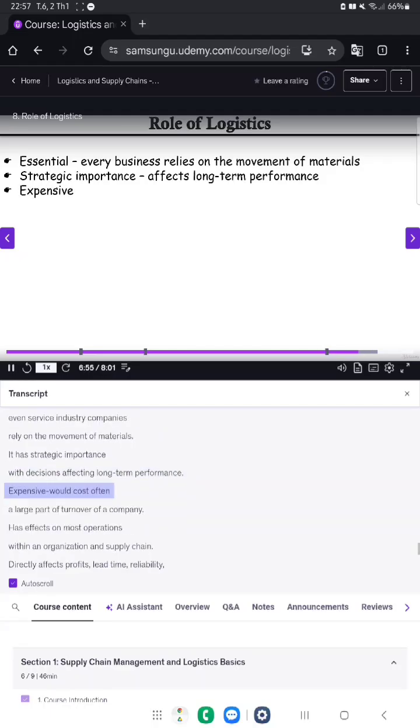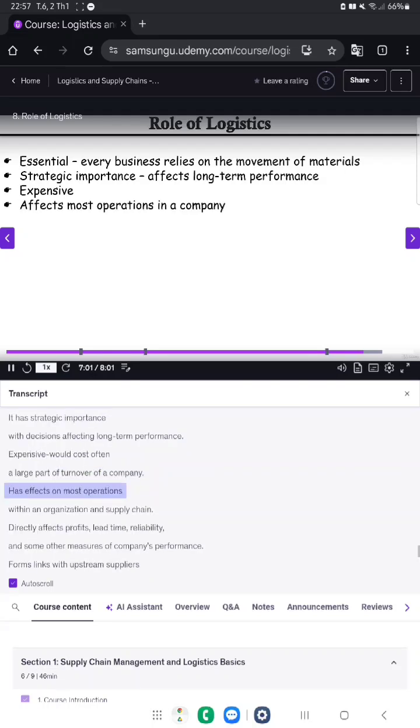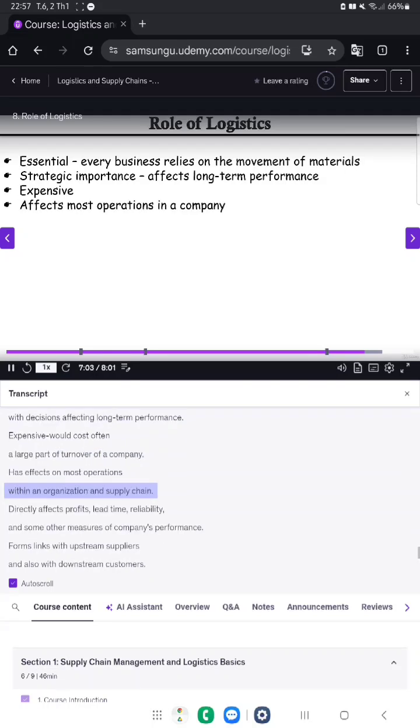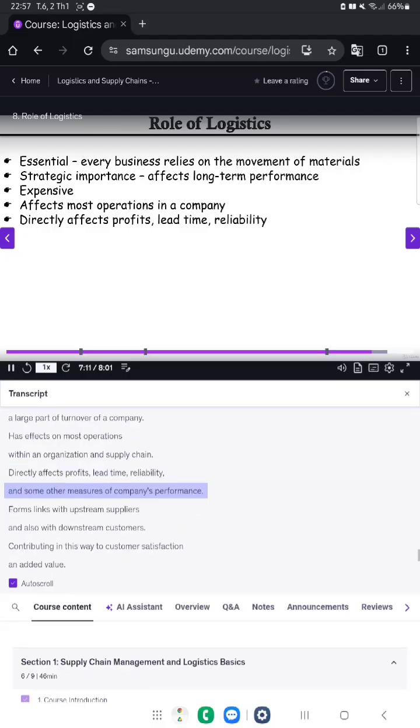Expensive, with costs often forming a large part of the turnover of a company. Has effects on most operations within an organization and supply chain. Directly affects profits, lead time, reliability, and some other measures of company performance.